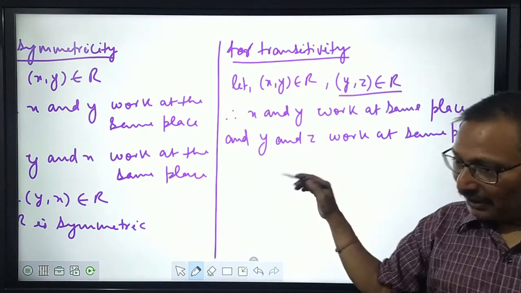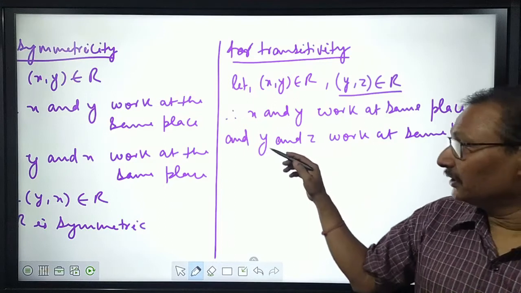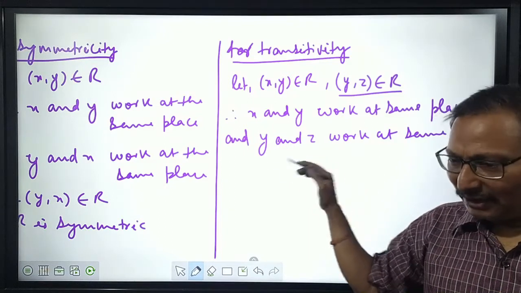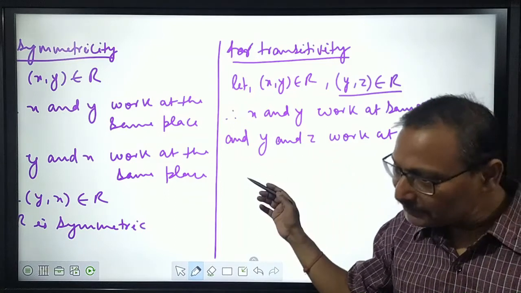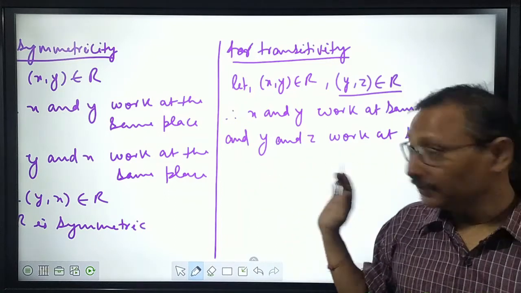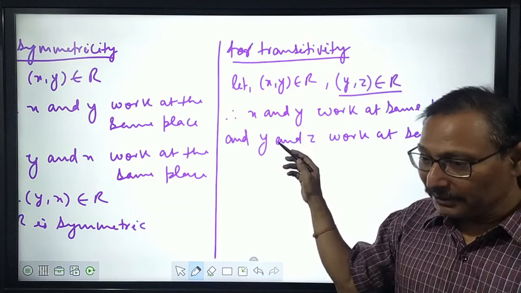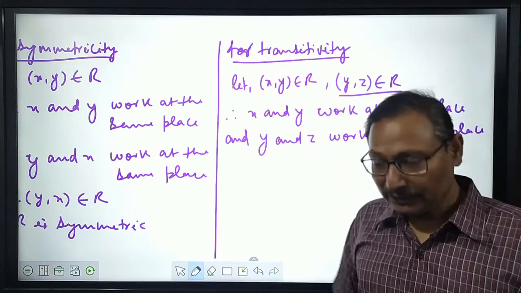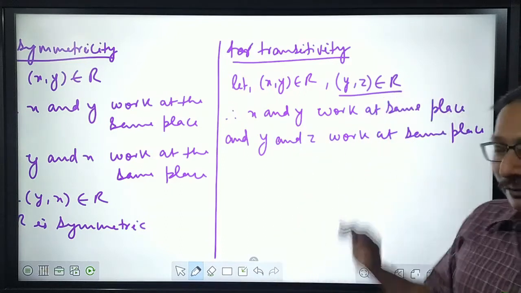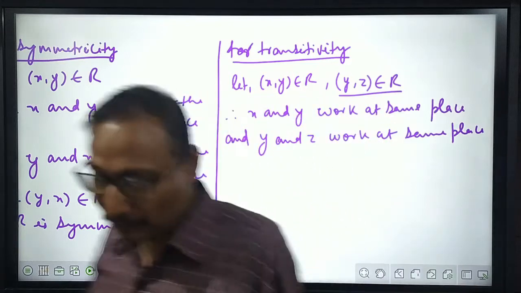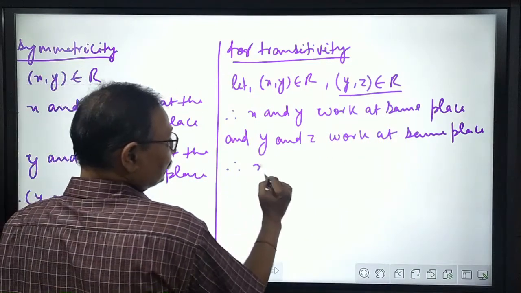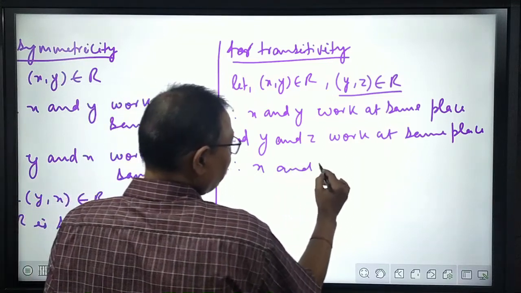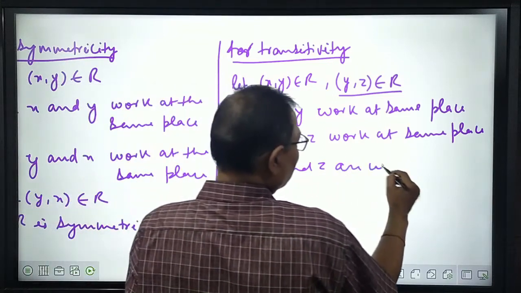And again we have written here y and z are working at the same place. Again, where y works, z is also working there. So where y works, x and z both are working. That means x and z both are working at the same place. So we can say that x and z are working at the same place.